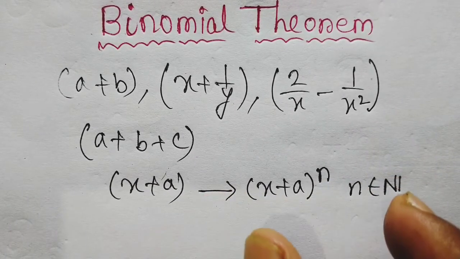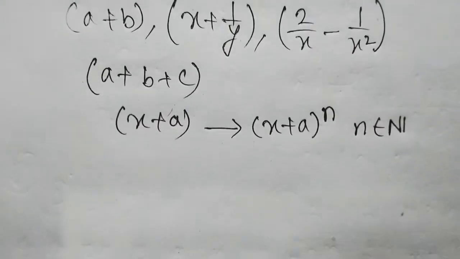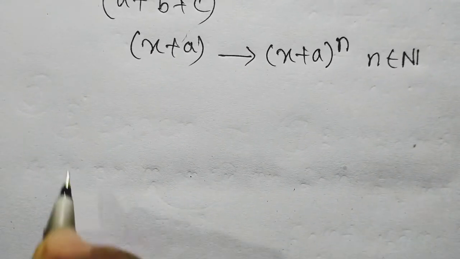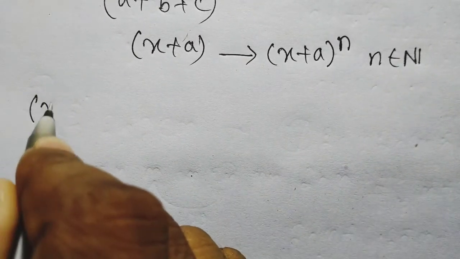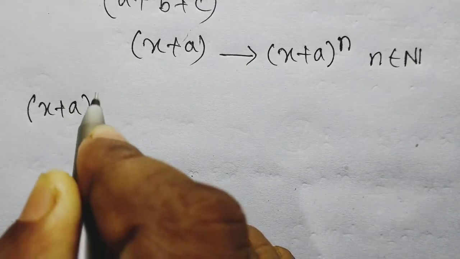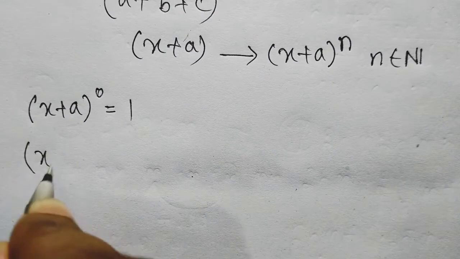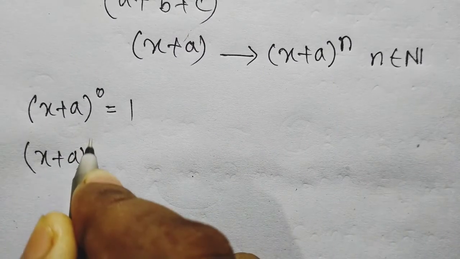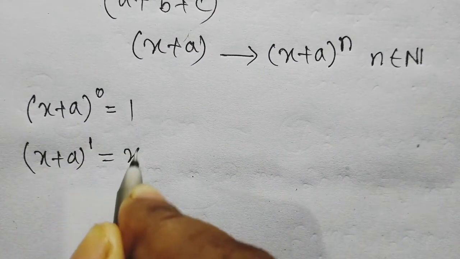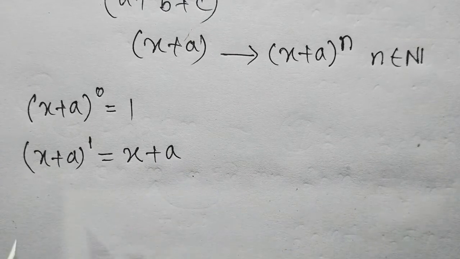In earlier classes we have learned that x plus a whole to the power 0 means 1. X plus a whole to the power 1 means only x plus a.